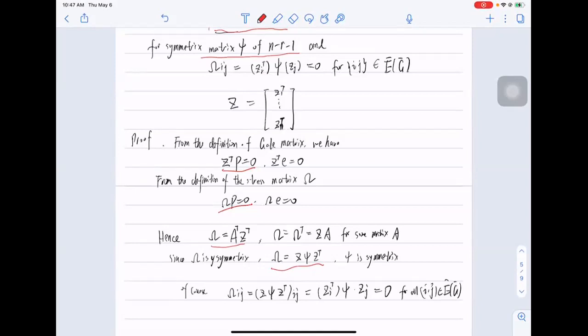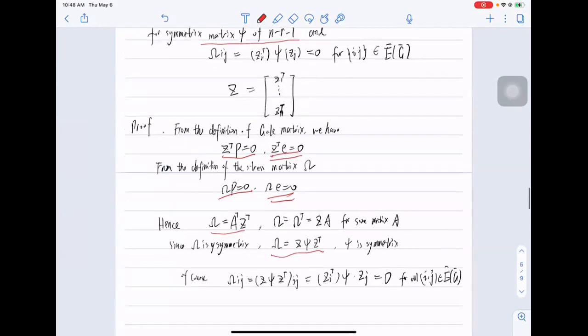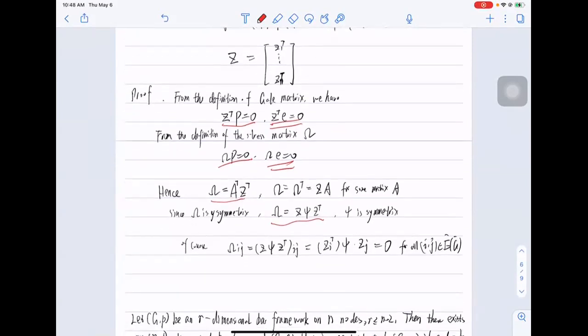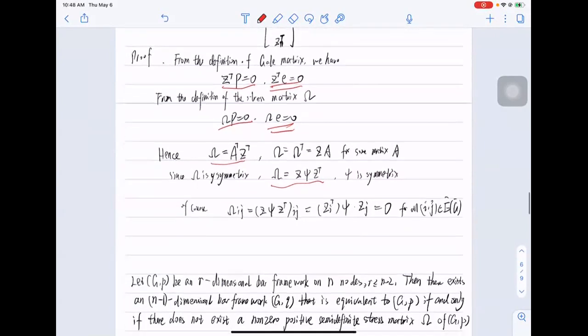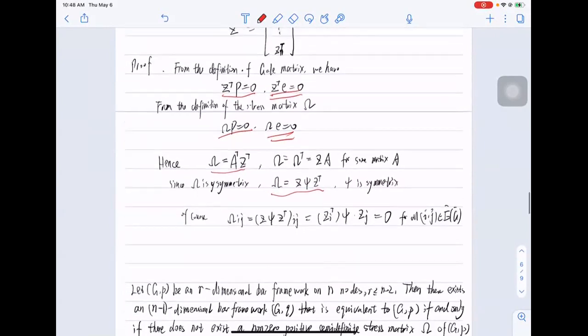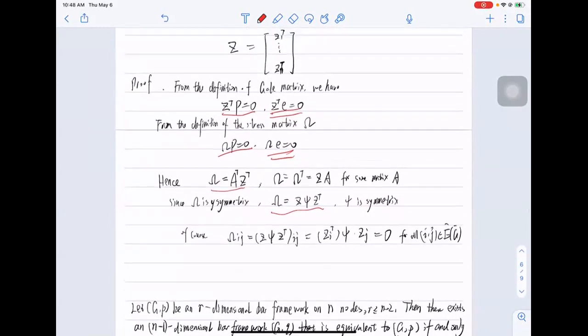That's just some simple linear algebra from these two properties. And of course, you want to require that the stress matrix only has non-zero matrix elements for the non-edge set. So we have this condition as well.